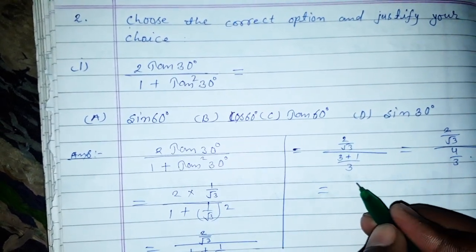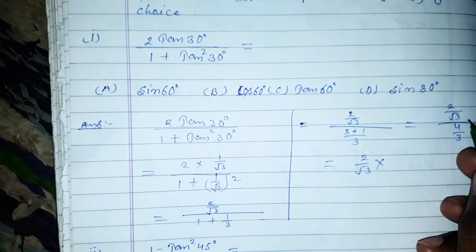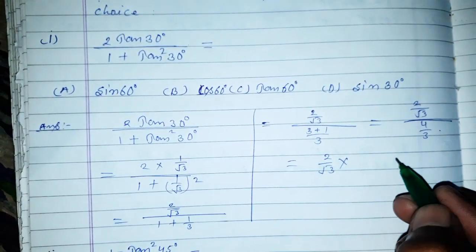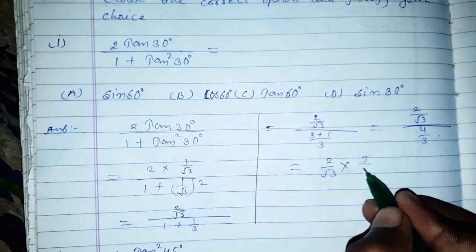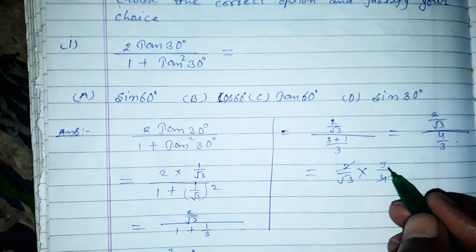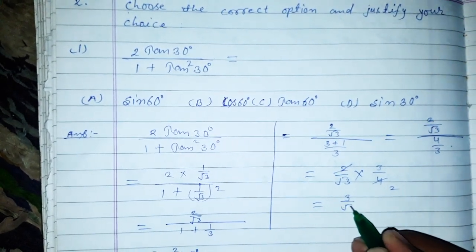Now 2 upon root 3 into, change the value, divide sign change in multiply. So this value in reciprocal. So 3 upon 4, 2 here, 3 upon root 3.